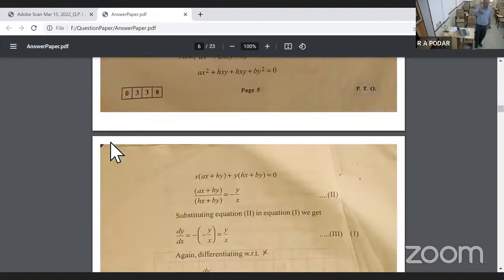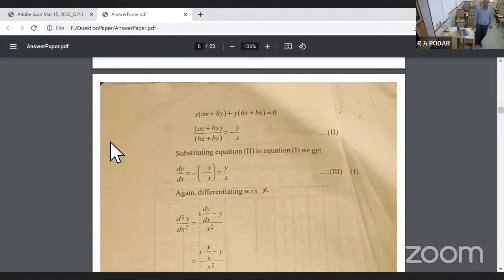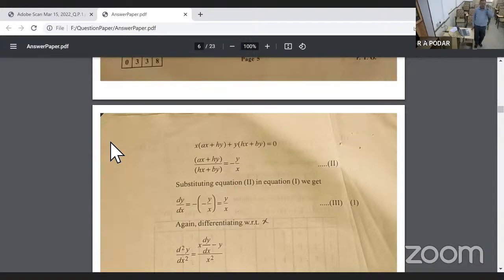Then again you get minus y upon x equal to the bracket. So this value you substitute. So dy by dx becomes y upon x. Then the third mark is given here. And then you take the u upon v formula for the derivative of a division, for y equal to u upon v, you can apply it for y upon x and we get this.